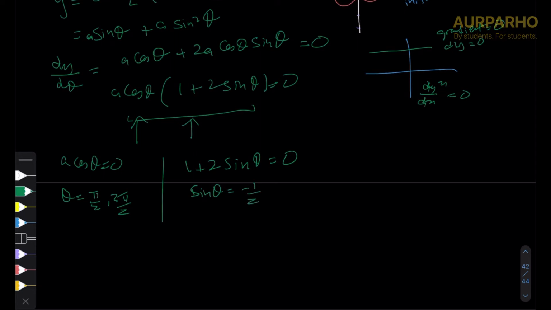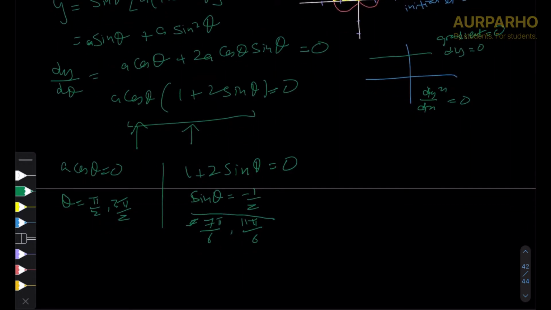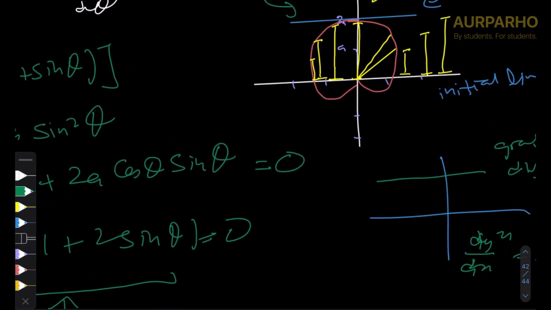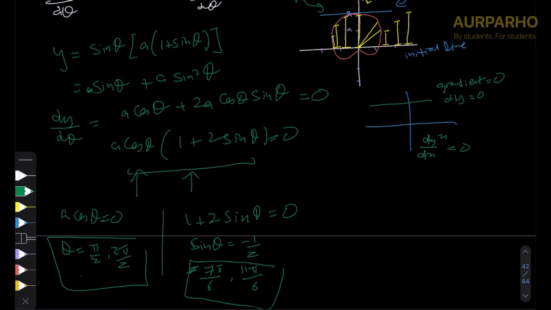Sine theta is negative half at 7 pi over 6 and 11 pi over 6, right? So these are your values of theta at which the tangent is parallel to the initial line, at which there is no change in y as x changes, right? So the values are pi over 2, 3 pi over 2, 7 pi over 6, 11 pi over 6.